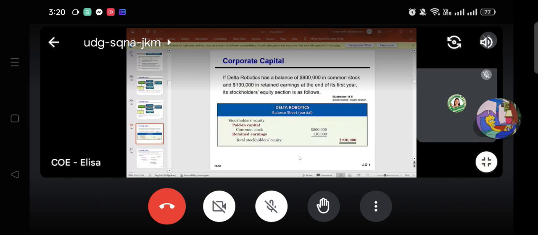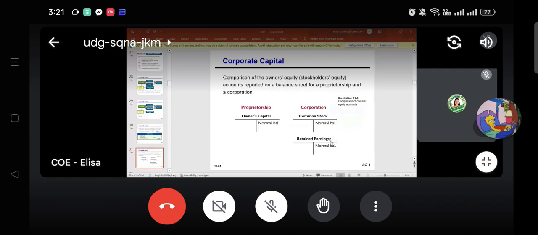So that is our presentation. You have here paid-in capital, so there are two sources: paid-in capital and retained earnings. You have common stock and then the retained earnings. Now, in the owner's capital account, there's only one capital account, because we learned that at the end of the period we close the income to the owner's capital account.